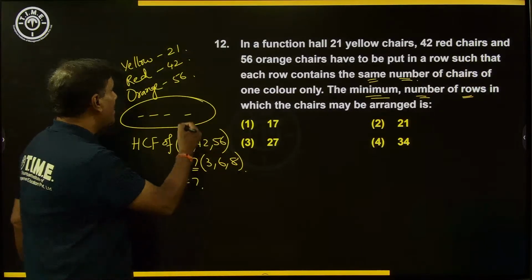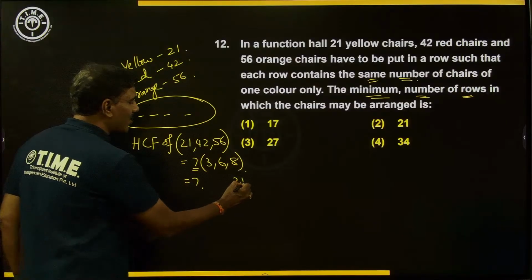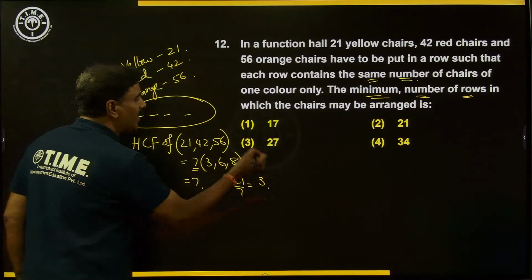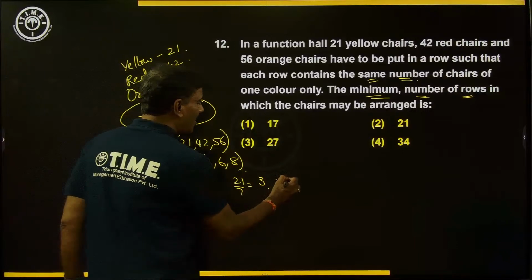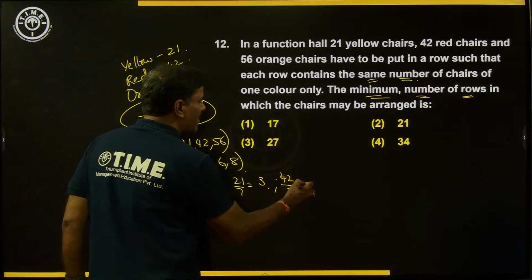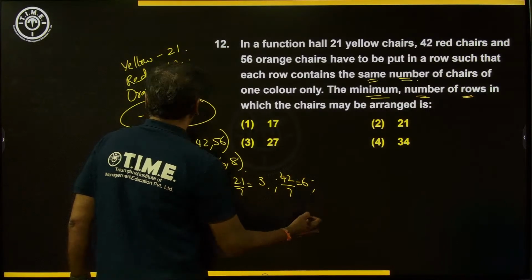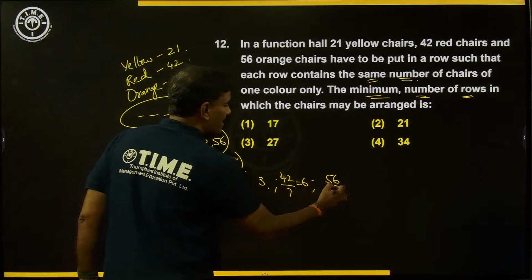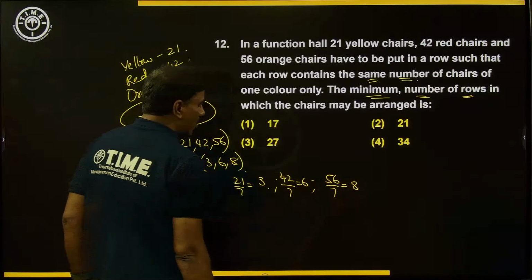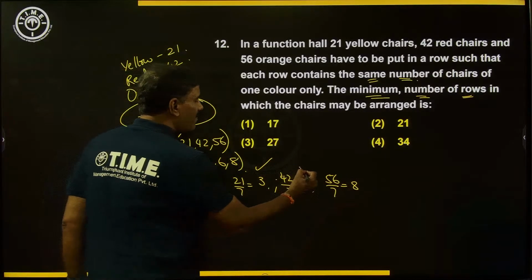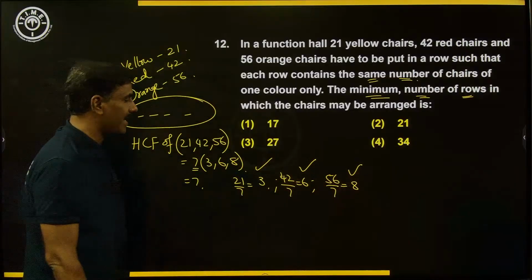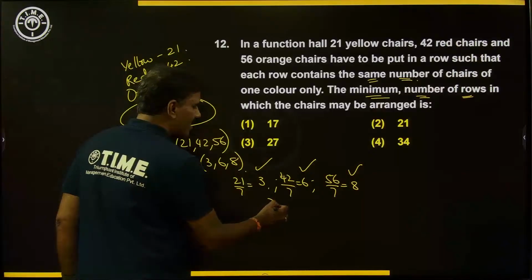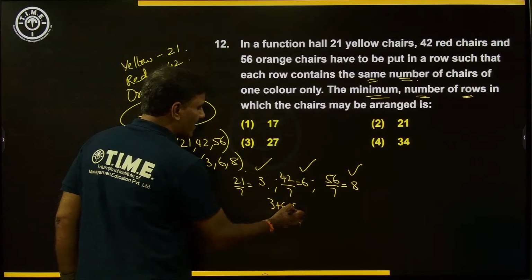To arrange 21 yellow chairs, 21 by 7, we require 3 rows for yellow chairs. Similarly for red chairs, 42 by 7, which will be 6 rows. And for 56 orange chairs, 56 by 7, 8 rows. So the rows required are 3, 6 and 8. Put together, 3 plus 6 plus 8, we require basically 17 rows.